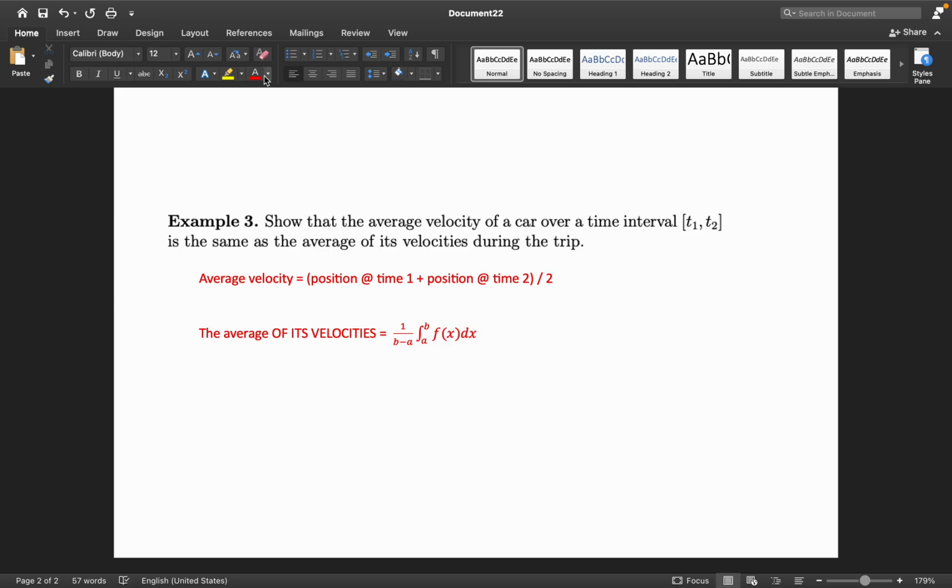So let's say a car goes from mile marker 100 to mile marker 150, or maybe we'll say 300, in 5 hours. That would be 200 miles in 5 hours. That would be 40 miles per hour on average.